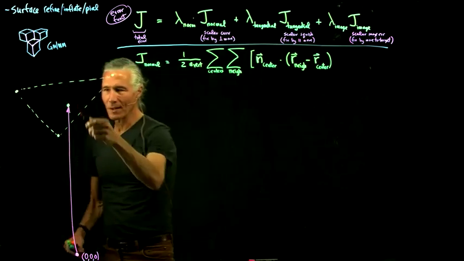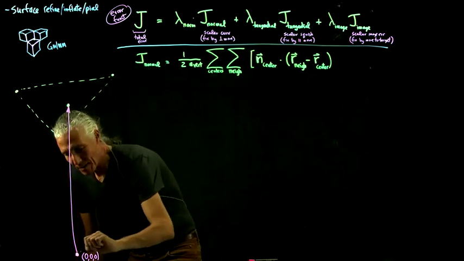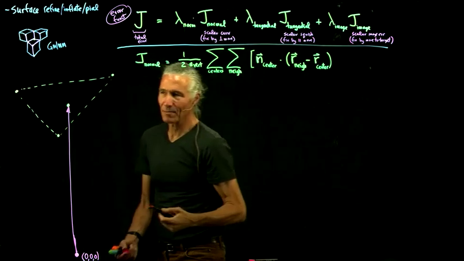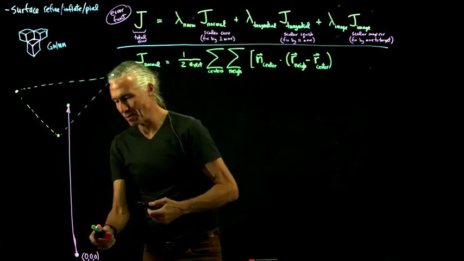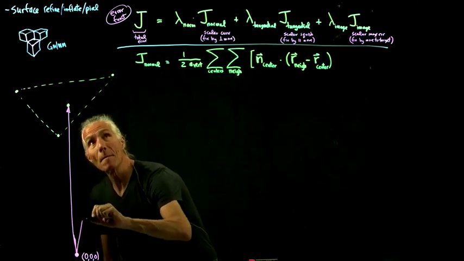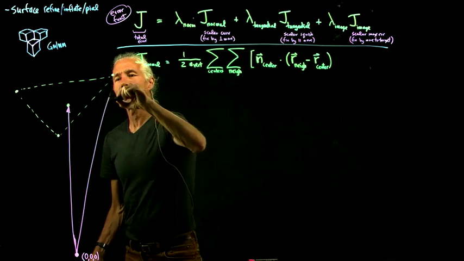You can sort of think of a point as a kind of a vector going from the center of the coordinate system. And then here's a neighbor. Here's the neighboring vector.